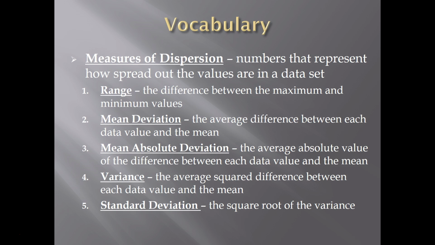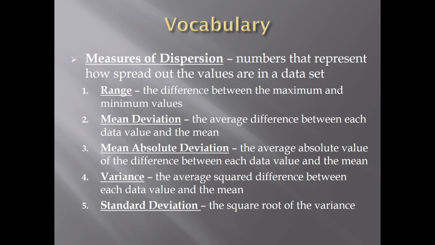What we're learning about today are measures of dispersion. So think about that word dispersion. That means to be dispersed or spread out. Dispersion means spread out. So measures of dispersion are ways of measuring how spread out the data is. That's a pretty important difference from what we already learned about.